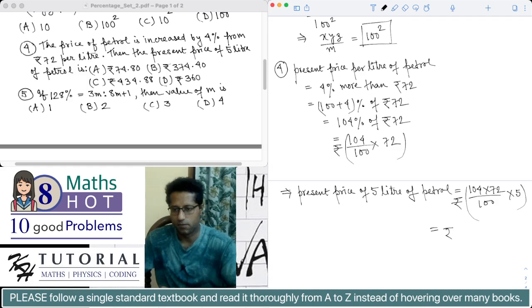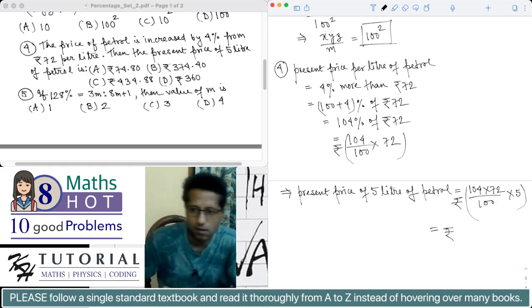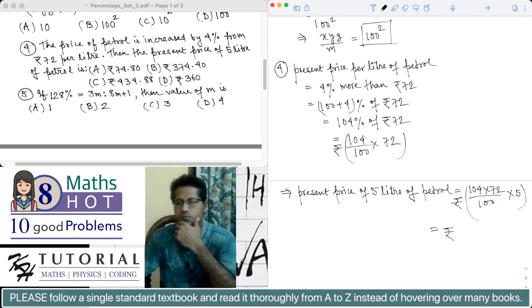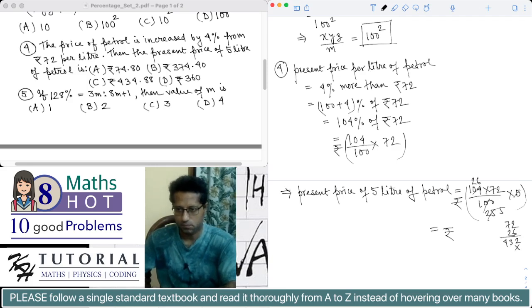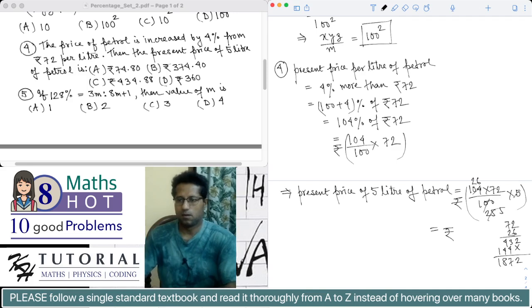Now this, after simplification, becomes: 4 divides 104 with 26, and 25 and 5. So we have to do 72 multiplied by 26, which is 1872.